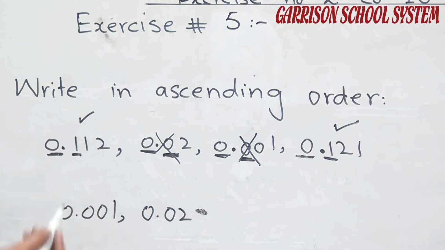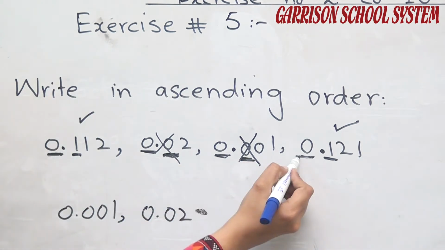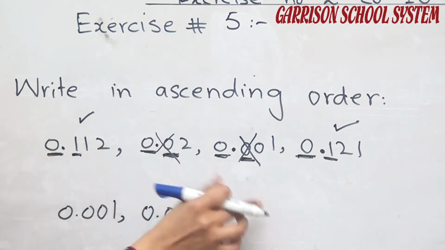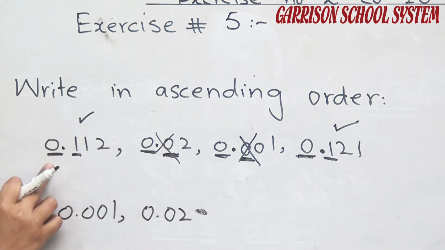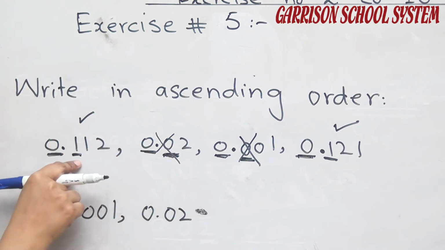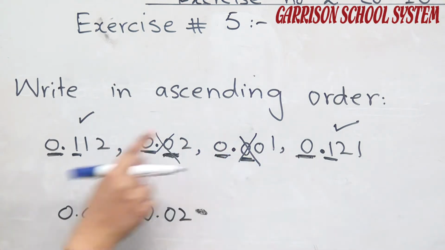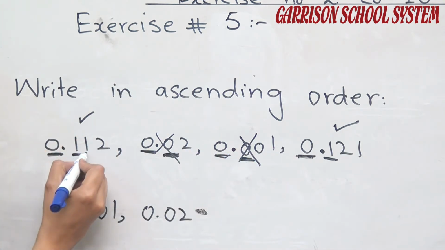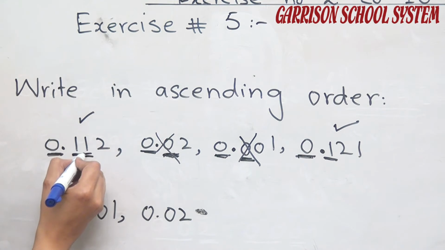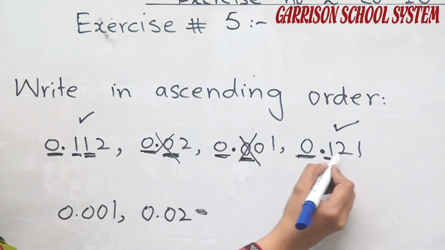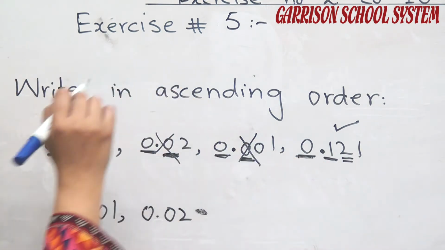Let's compare the digits first. In both numbers the first digit is 0, and the second digit is also 1 and 1. Now we will compare the third digit. Here the third digit is 1 and here the third digit is 2.